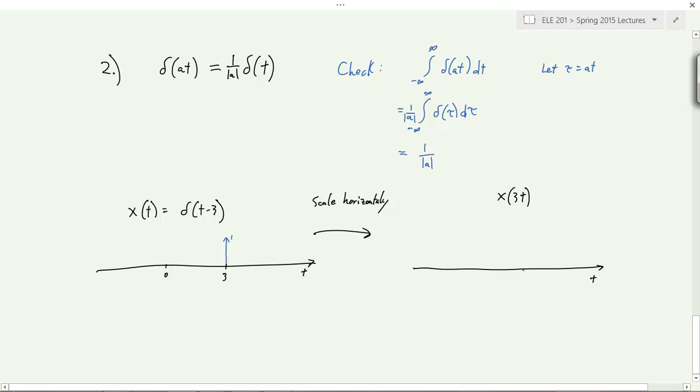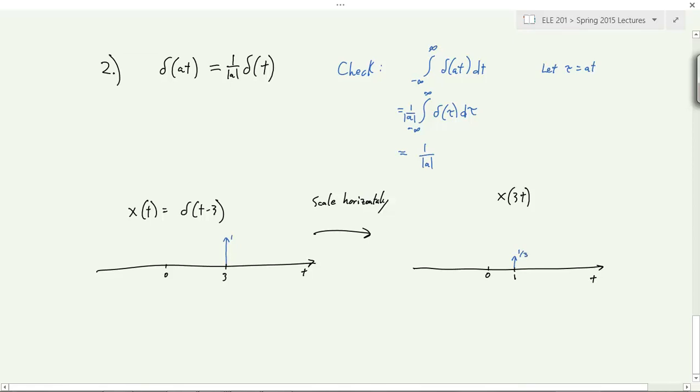So our delta function is going to move. It's no longer going to be at 3. It's going to be at 1. That part's easy. We know how to manipulate signals that way. So we have a delta function here, but the tricky part is its height changed as well. Its coefficient is not 1, it's 1/3.